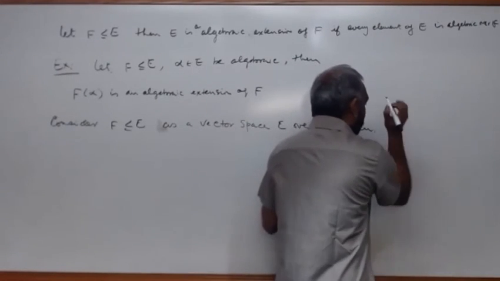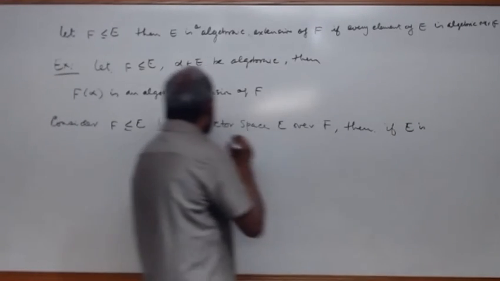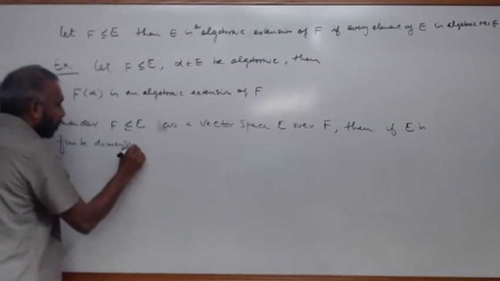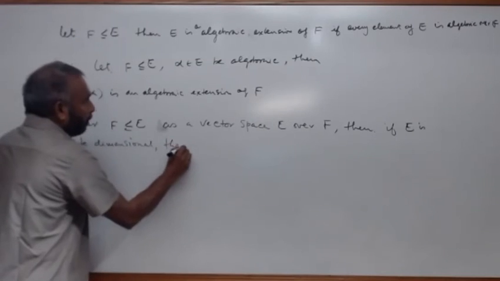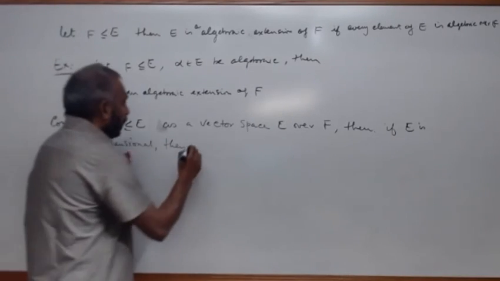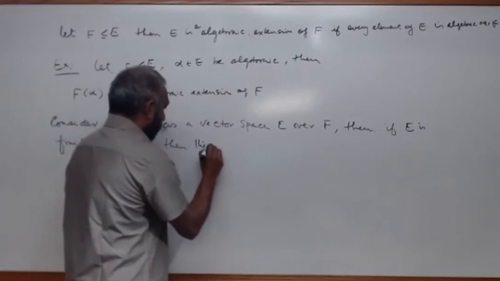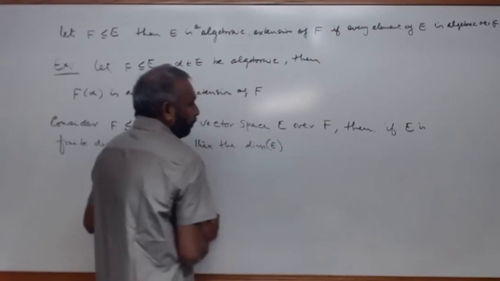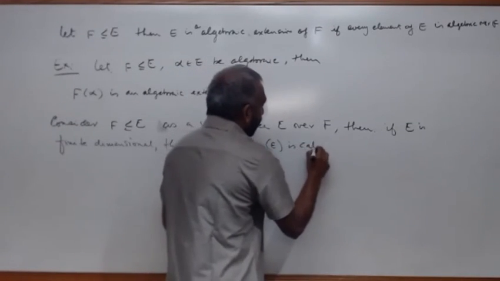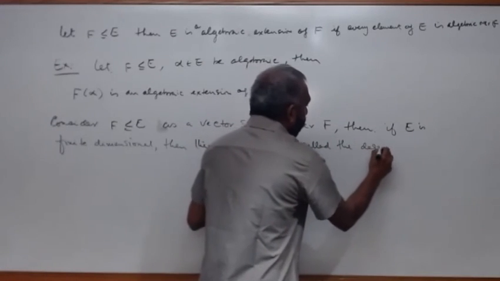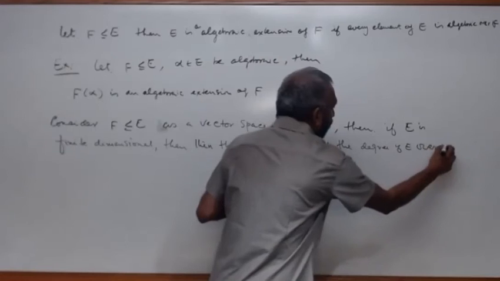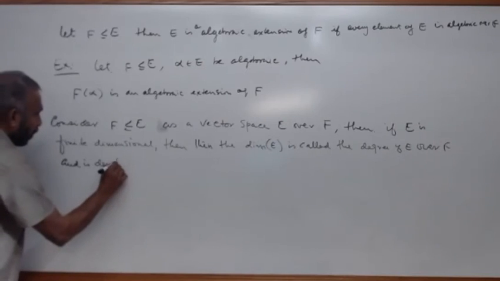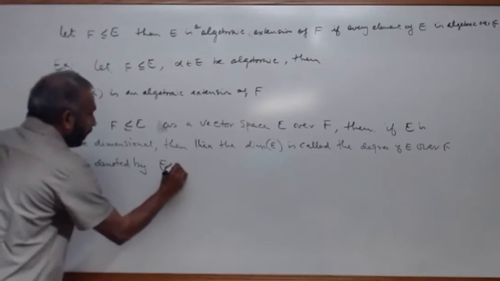Then if E is finite dimensional, the dimension of E is called the degree of E over F and is denoted by [E:F].